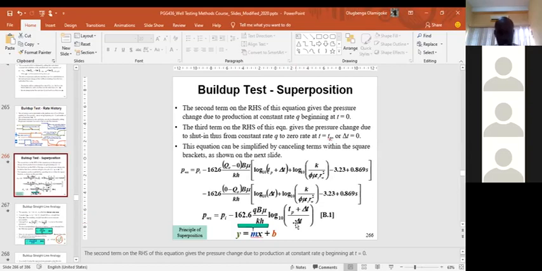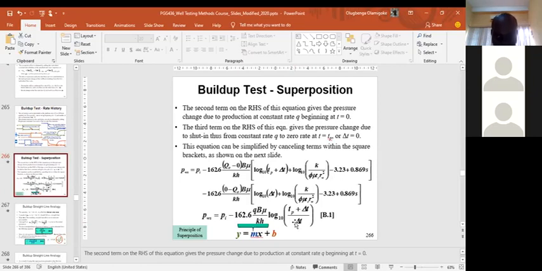That means if you plot your shut-in pressure against your Horner's time, it will give you a straight line on the semi-log plot, provided those time periods are in infinite-acting radial flow.